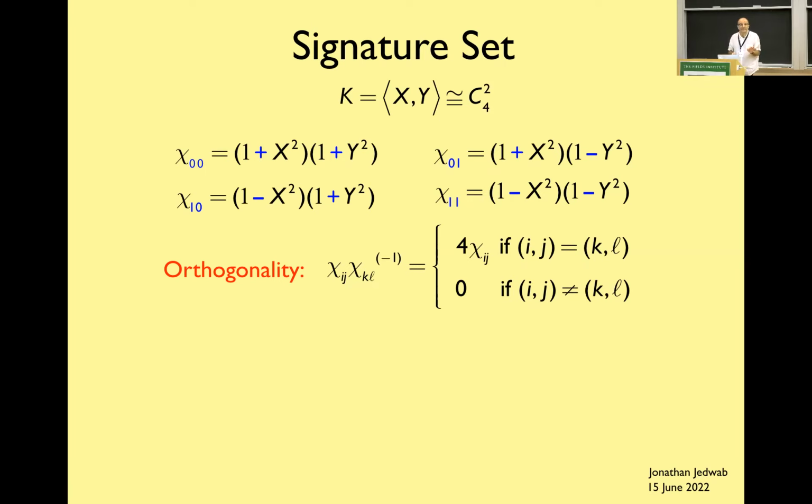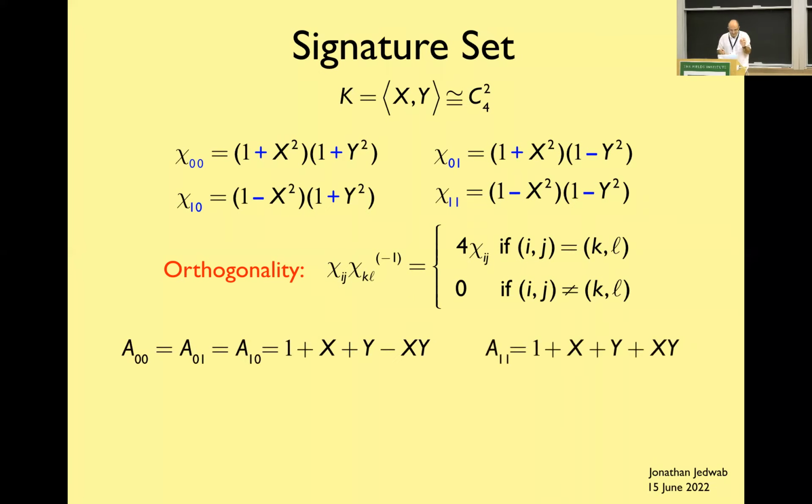And now I'm going to pull out of my hat a particular 4 group ring expressions. Here they are. I'm just pulling them out of thin air. And these have a very advantageous property. They satisfy this equation. If I take any one of these aij's, I multiply by the appropriate group ring expression chi, and then I multiply by the a with the -1, I get back 4 times the group ring expression.